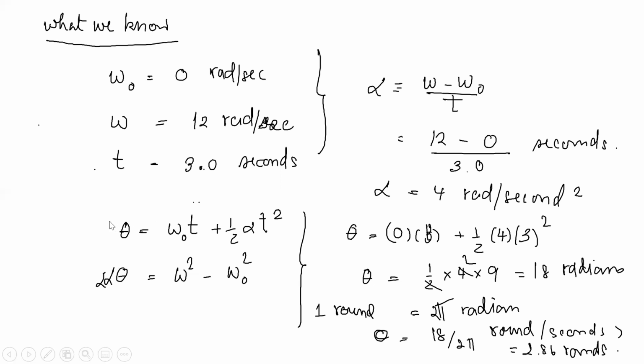Or you can use theta equals omega 0 plus omega over 2 times t. Adding them up, 12 over 2 is 6, times 3 seconds, so 6 times 3 is 18. So it's still 18 radians. Correct answer.